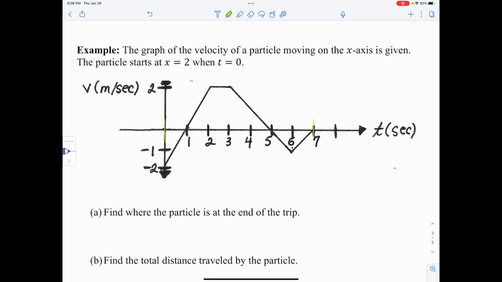Now, if we integrate our velocity function from 0 to 7, that's going to give us the displacement of the particle. However, the particle is not starting at the origin. We are given that the particle is starting at x equals 2. So we need to take that into account here.